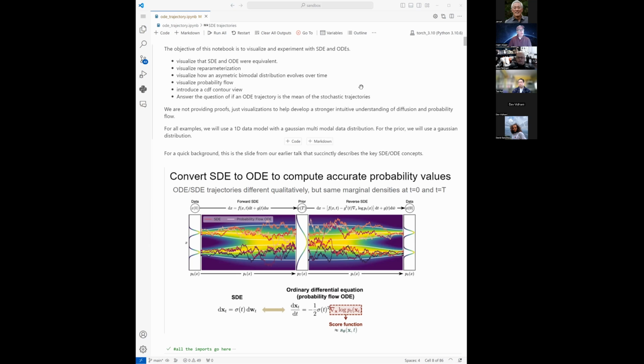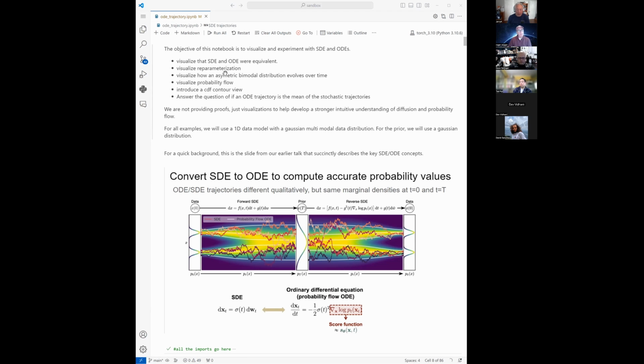Anyhow, here's the notebook. As I was reading the original objective, I realized I didn't actually compare SDE and ODE reverse time trajectories, but dived more into the probability flow trajectories.